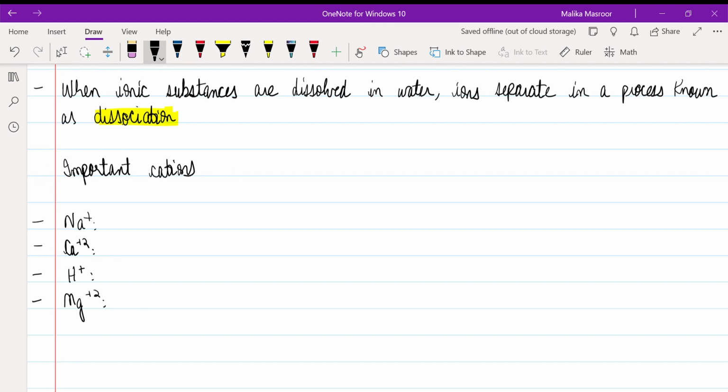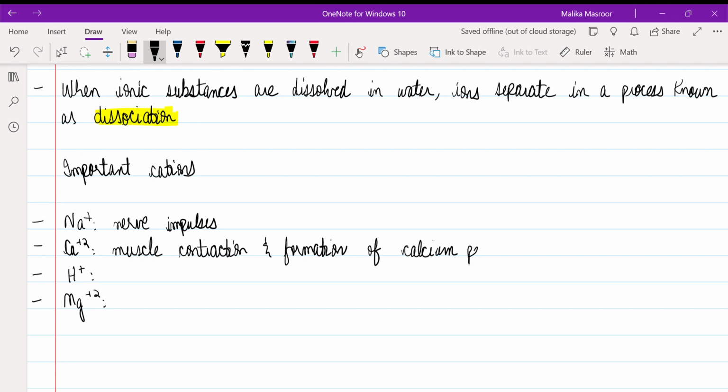So sodium helps in your nerve impulses. Your calcium helps you in muscle contraction. We're going to look at this later. And it also helps in formation of calcium pectate in your plants. Your hydrogen ions help you in cellular respiration, because obviously it's needed to break down the glucose, and it's also used in your photosynthesis.